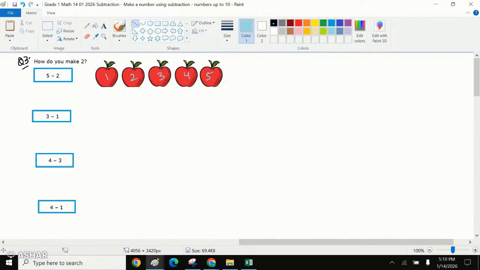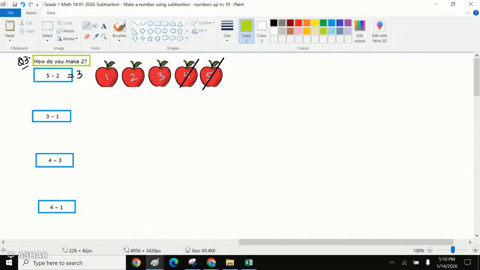If we remove 2 of these apples, or if we ate 2 apples, how many apples are we left with? We are left with 3. But what do we need to find? We need to find how do we make 2 out of the answer, right?